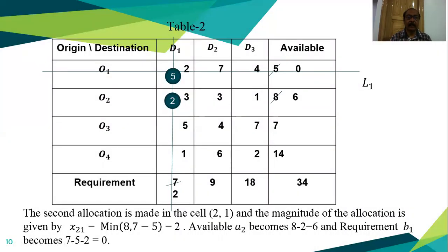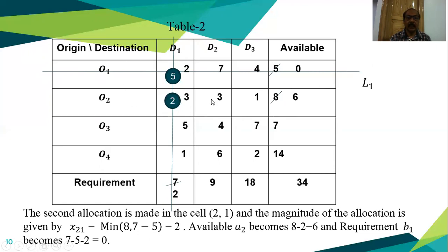Now in the second table, as the 2 unit demand is there, since the first available is exhausted, we cross it out by a line, or we can block this first row by a defined color.